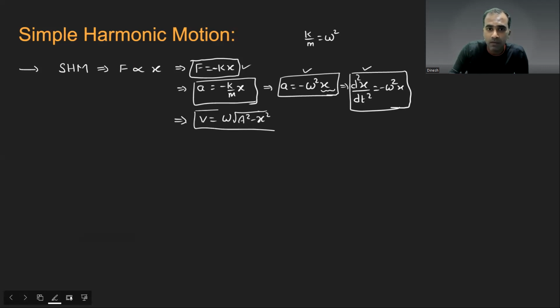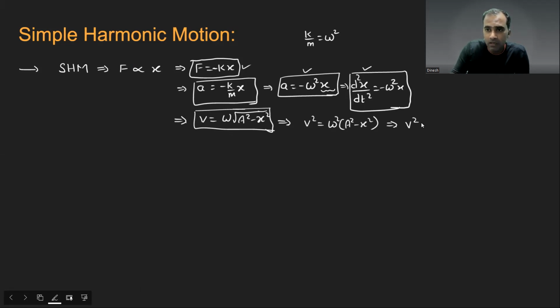So we have the acceleration and displacement relation, which is a simple relation which we got from the basics of SHM. From that, we got the velocity and displacement relation. Shall we rewrite this again? See, I'm squaring on both sides: v square is equal to omega square into a square minus x square. So let me rewrite it.